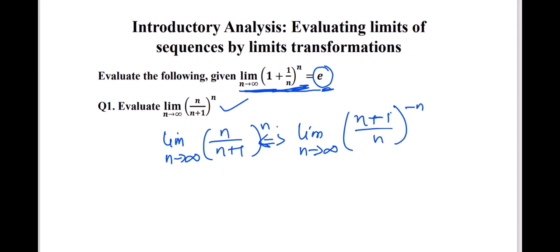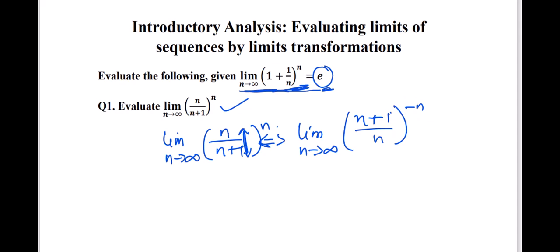See, we have reciprocated this particular fraction, so this one comes down, this one goes up. So when it does that, this exponent will become negative.